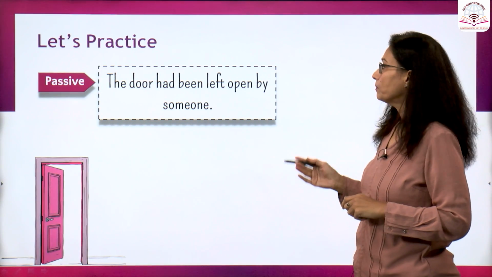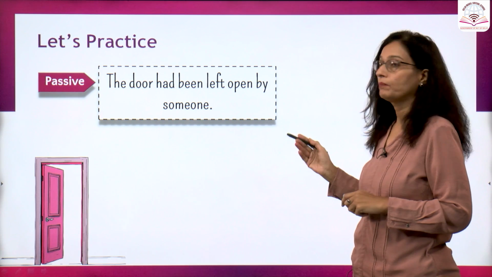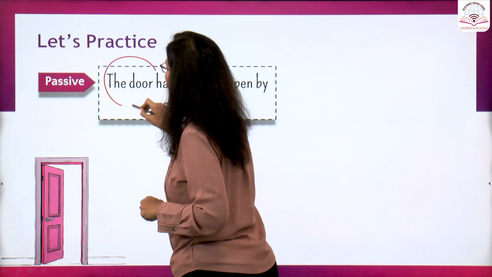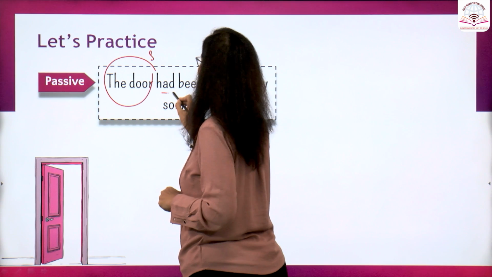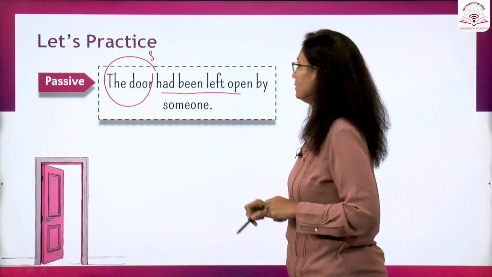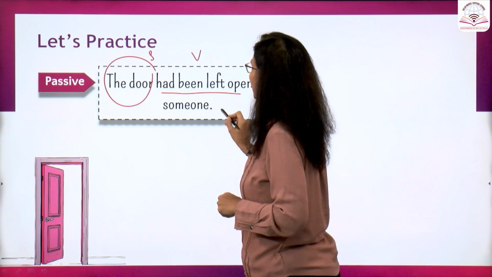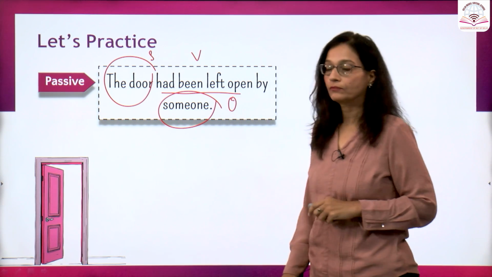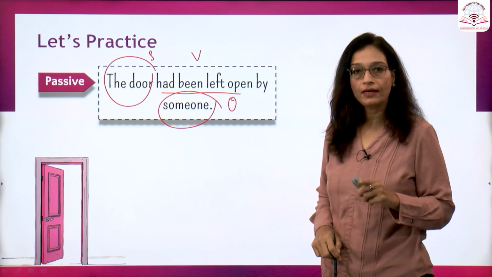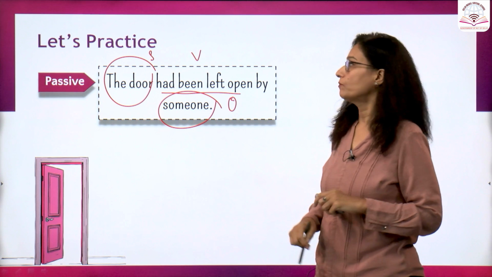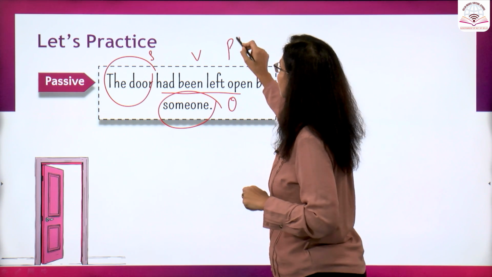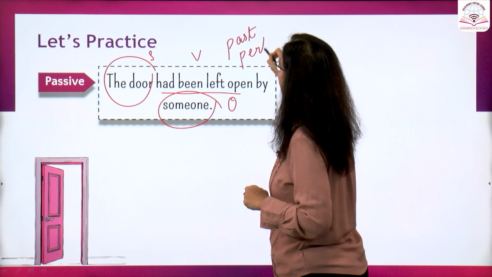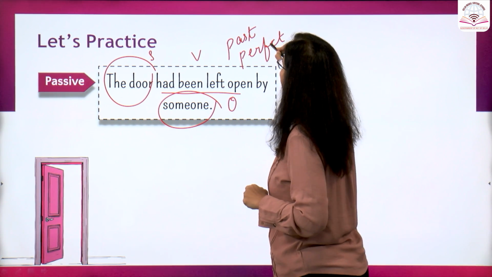Let us move to the next sentence. The door had been left open by someone. Now here, the subject is the door, had been left open is the verb, and someone is our object. What is the tense? The tense here is past perfect. We are using had and the third form of verb leave.